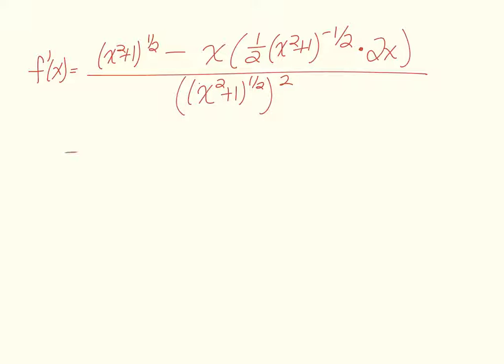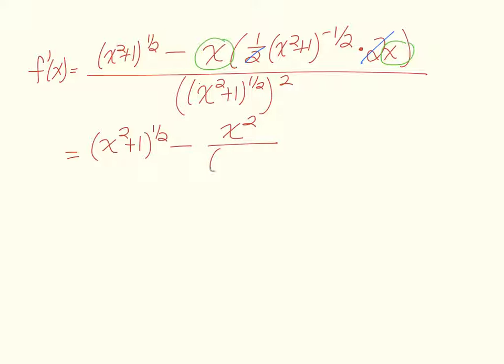So this derivative equals x squared plus 1 to the 1/2 power minus, it looks like in the second portion of this term, in these parentheses, 2 times 1/2 will reduce away to 1, and then we will have an x times another x will give us an x squared, and then since this expression here has a negative exponent, that will go to the denominator.